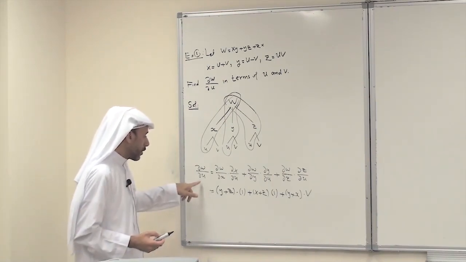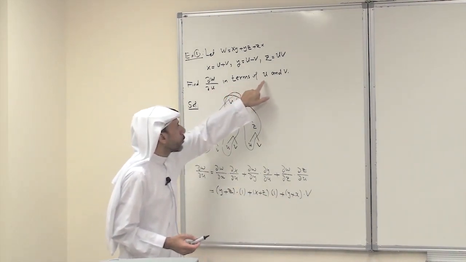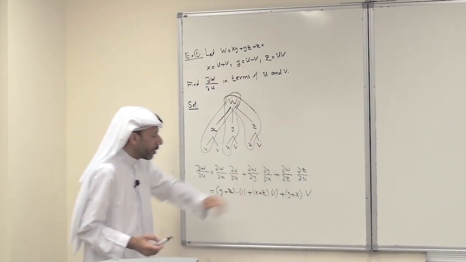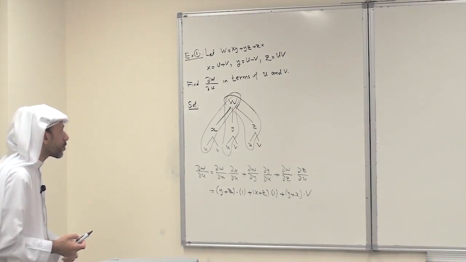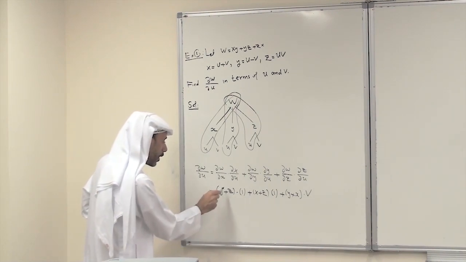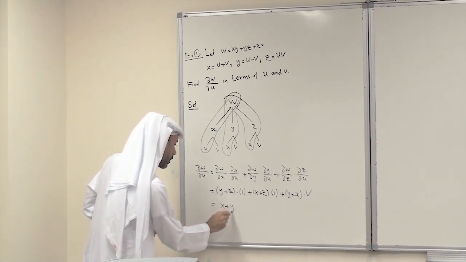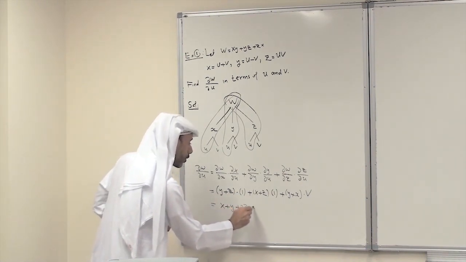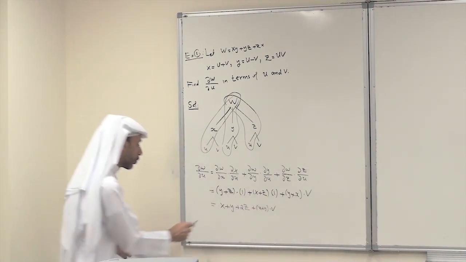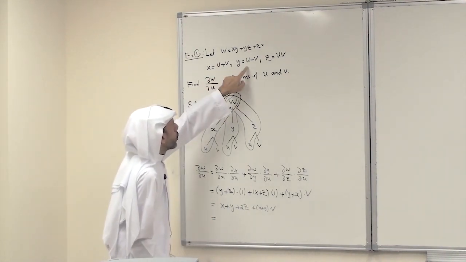Of course, the answer is given here in terms of x, y, z, and v, but we need the answer to be in terms of u and v. So we have to substitute x, y, and z from the given expressions. Let's simplify a little bit. This is y plus z, x plus z, so this is x plus y plus 2z plus x plus y times v. Okay. So what is x plus y? If we add x plus y, you get 2u.